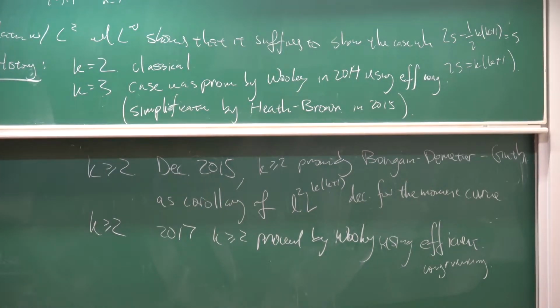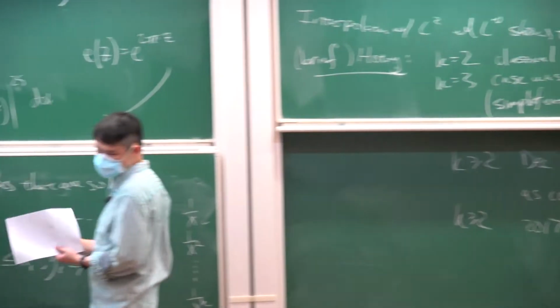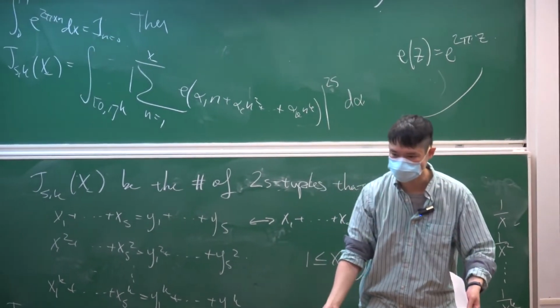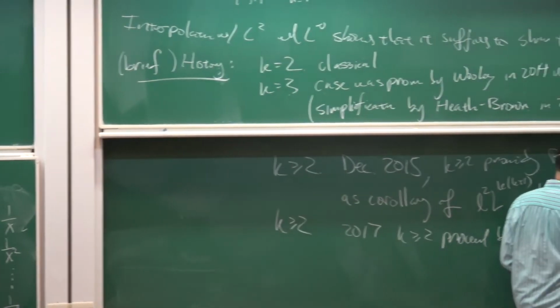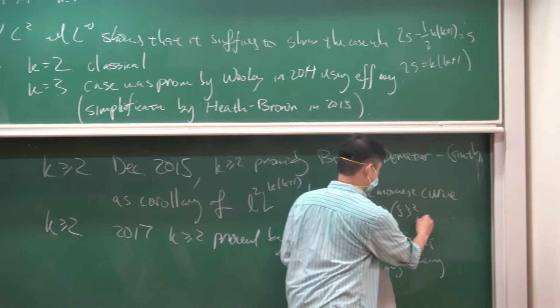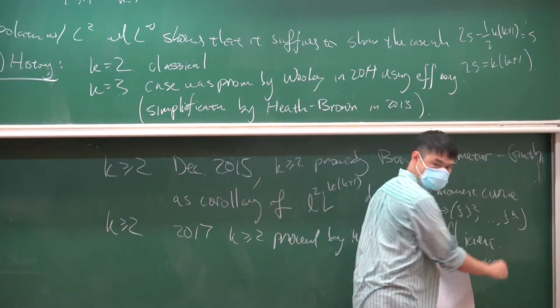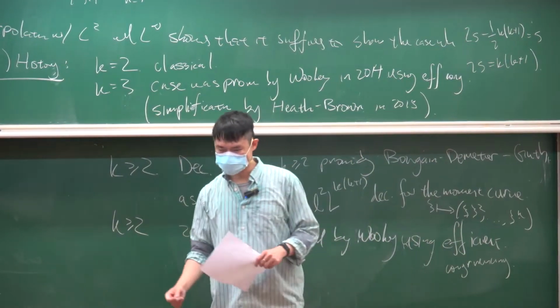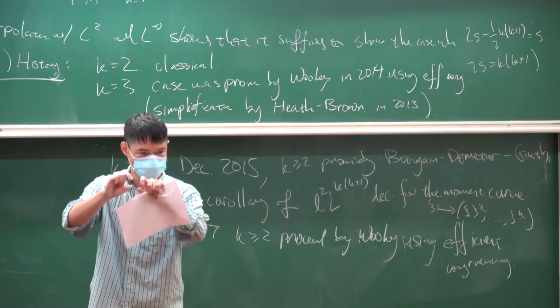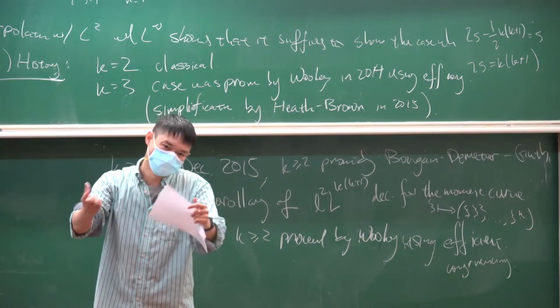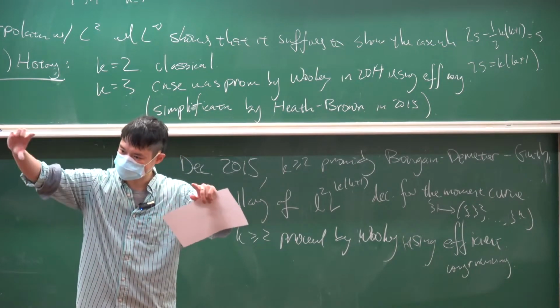You write a function whose Fourier transform is supported in some thin neighborhood of the moment curve, the moment curve being t maps to (t, t squared, ..., t to the k). Remember how we did it for the parabola, some thin neighborhood of the parabola. Well, you can imagine the same problem for a thin neighborhood of the moment curve.